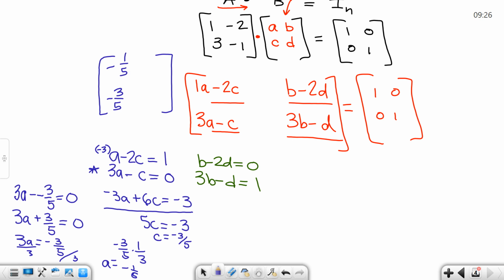Is it the case that the negative 1/5 and the negative 3/5 are supposed to be what A and C are equal, not what 1A minus 2C and... This is where I'm going with it. I did put it in the wrong place, at that point in time, that was all that was left on my page. So let me erase it. I didn't have enough room.